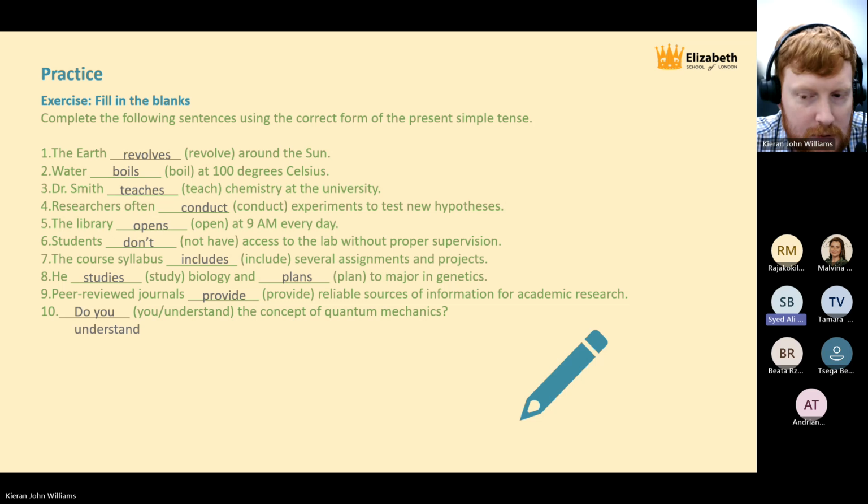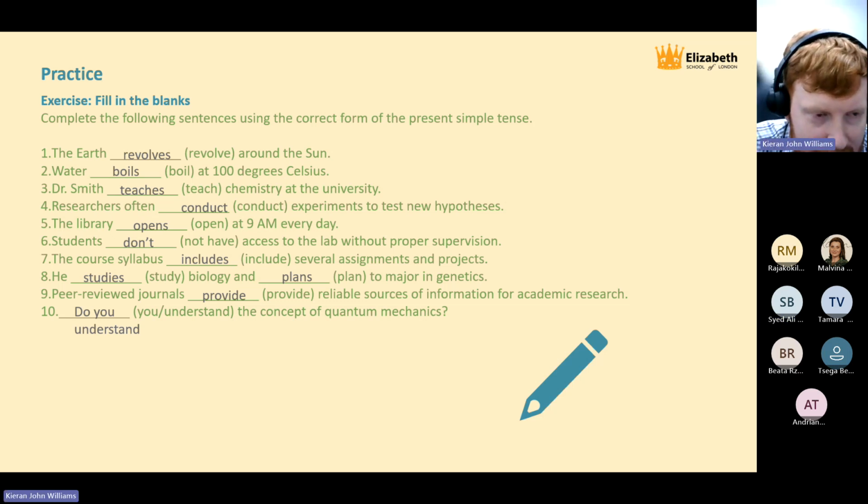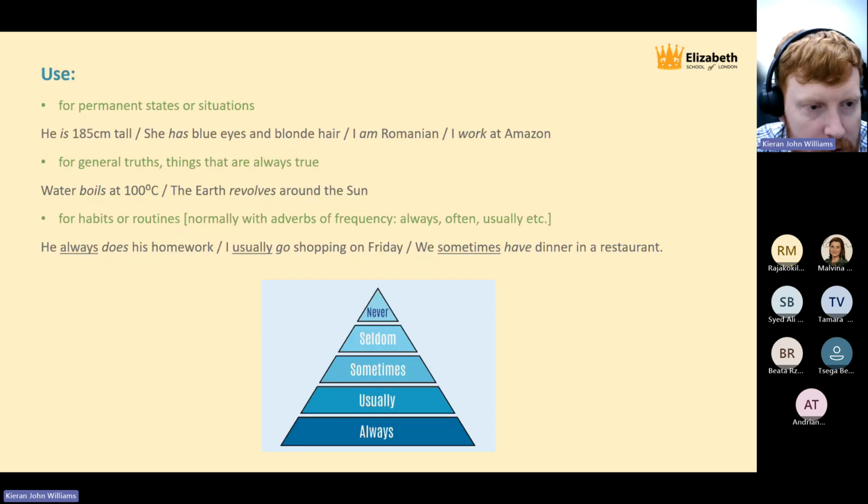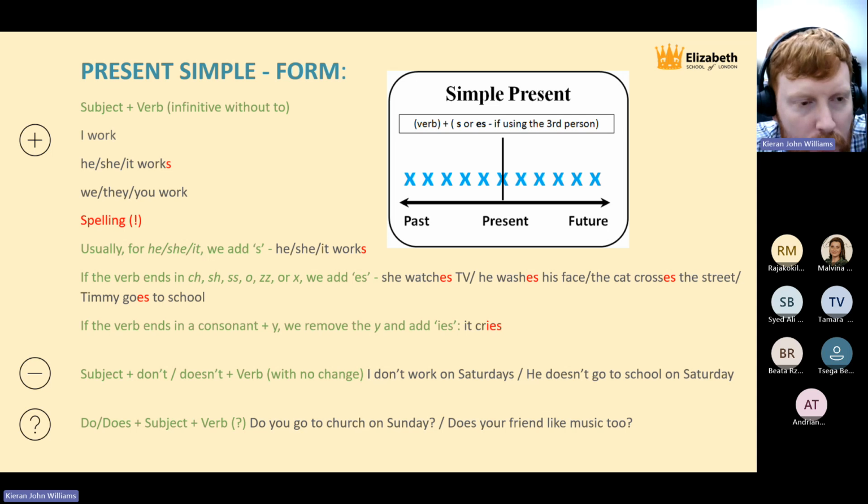Conducts. Right, this is where we need to be careful, because it says researchers. Very good, Malvina, in the chat. Now, researchers, let's go back for a second. Is this I, he, she, it, or we, they, you?